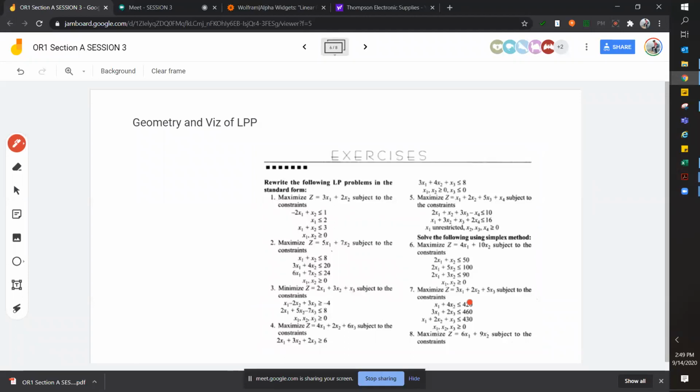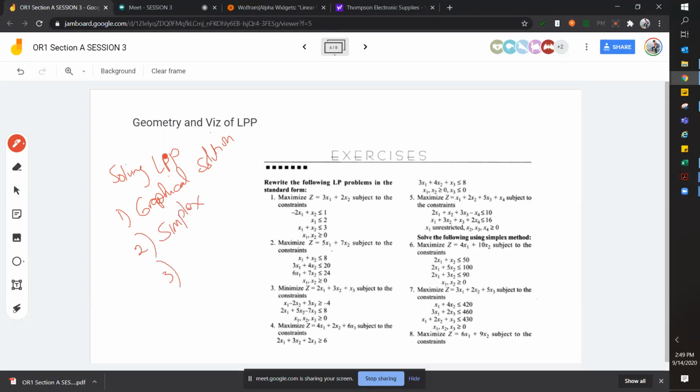Sa pagsa-solve ng LPP, actually may 3 ways akong alam. One is using graphical solution. Number 2, gumagamit ang simplex.